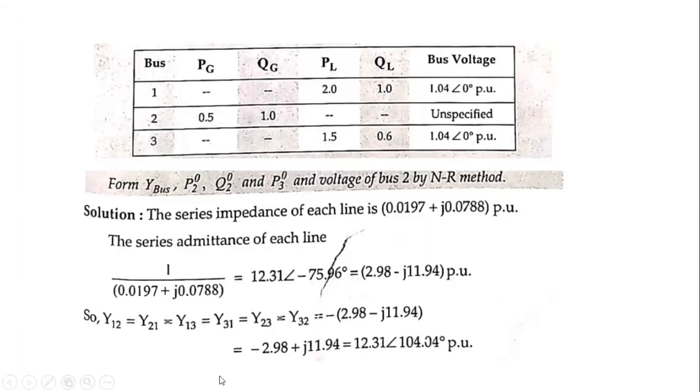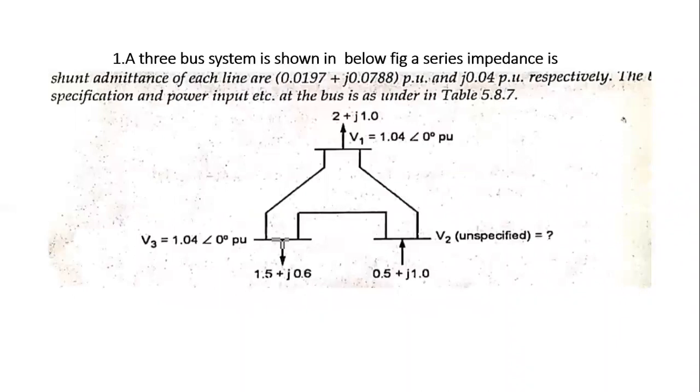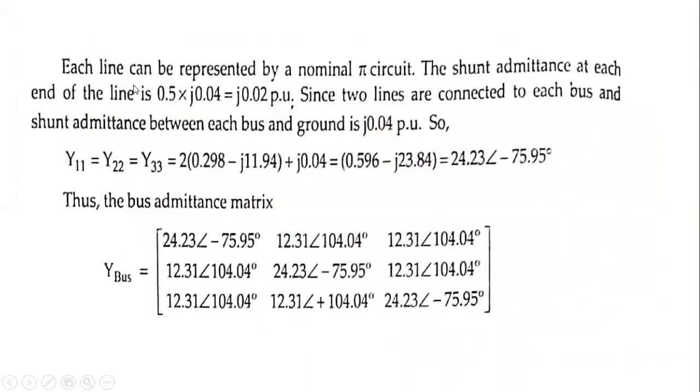Next, to find the diagonal elements, the shunt admittance of each line is j0.04. Each is represented as half, so j0.04 by 2 is equal to j0.02 per unit.